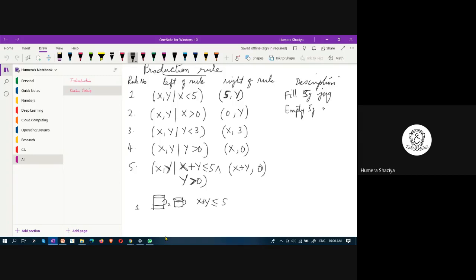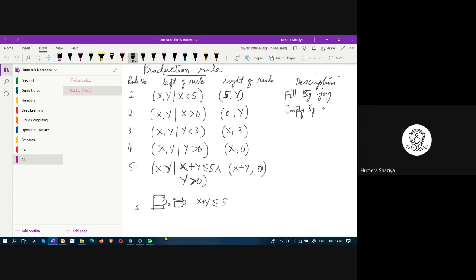Here, the condition says that the 3 liter jug has water. How much water is not specified. It should be greater than zero, which means it has some water. And together, the 5 liter jug and 3 liter jug combined water is less than or equal to 5 liter.